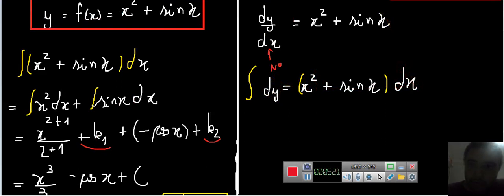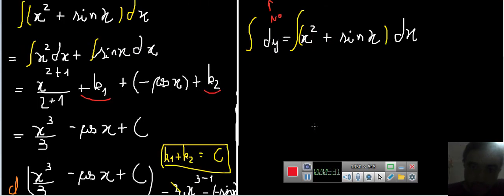Now we integrate both sides, okay? Integrate dy, integrate x squared plus sine of x dx, okay? So the integral of dy is just y, okay? Plus some constant right here, maybe k1, right? And this integral we calculated by breaking the sum, okay?